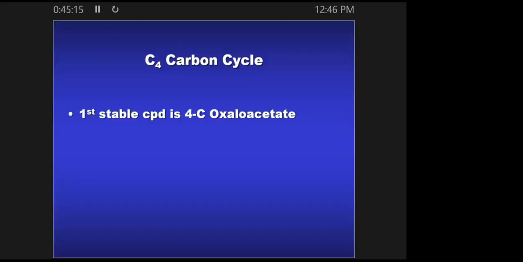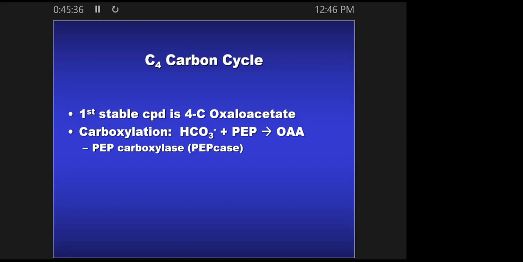So just be aware. Oxaloacetate rearranges to malate. So really it's CO2 and PEP reacting and you get oxaloacetate. OAA stands for oxaloacetic acid, which is another way to say that. And then that rearranges into malate.